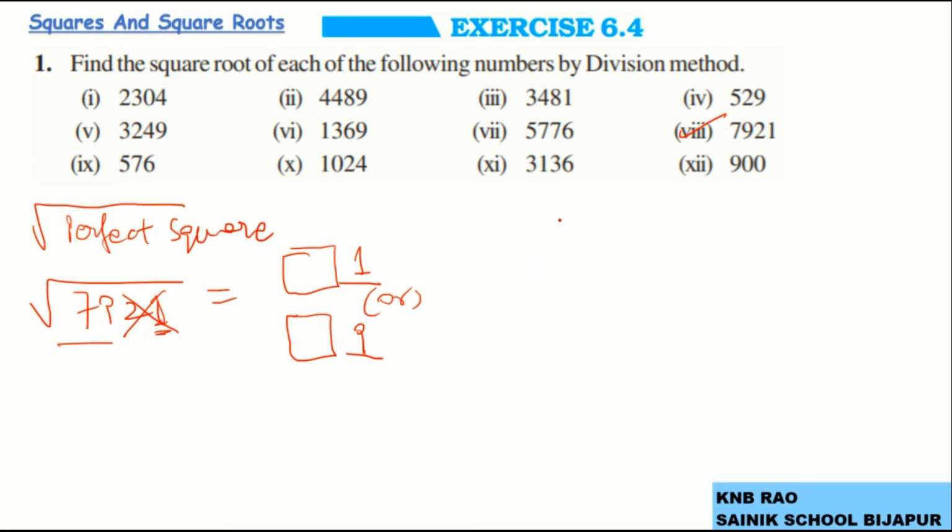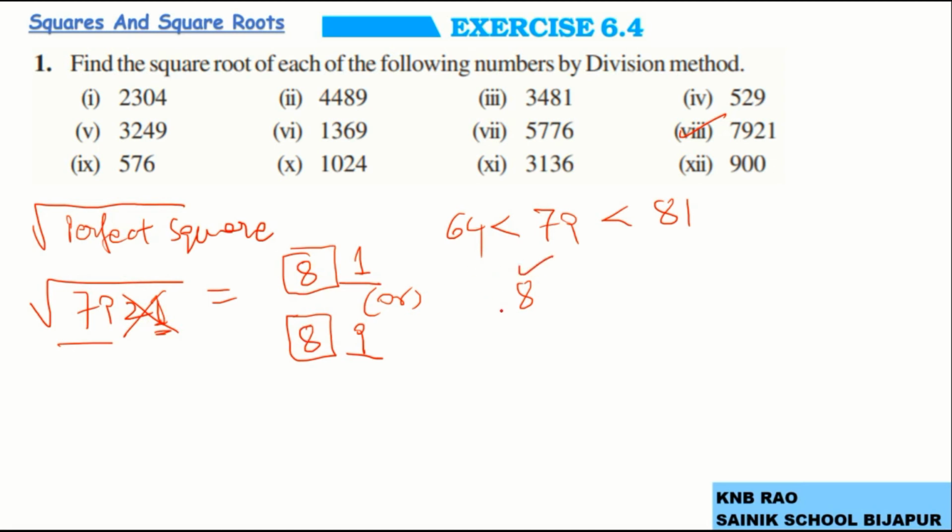Here 79 is lying between perfect squares 81 and 64. Now 64 is the square of 8 and less than 79 is to be chosen. So either the square root of 7921 is 81 or 89.